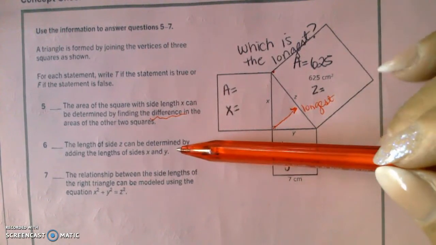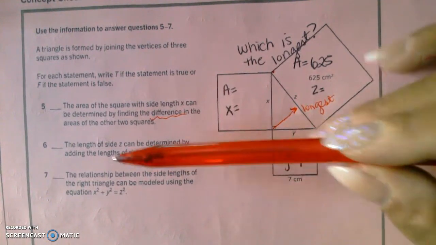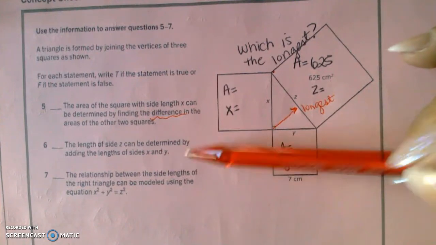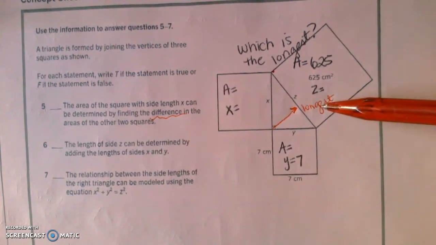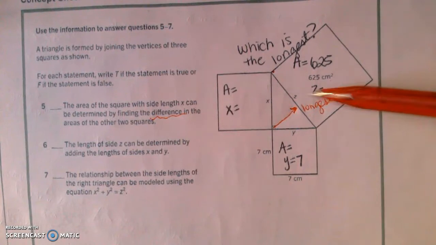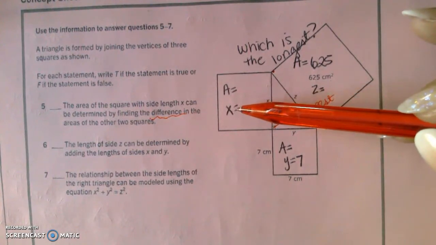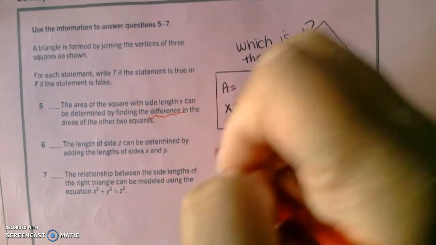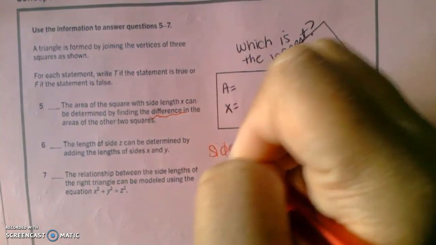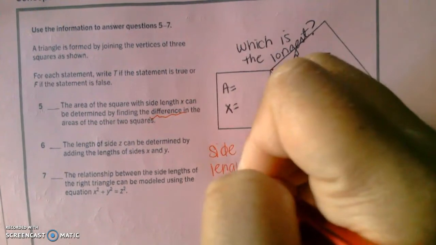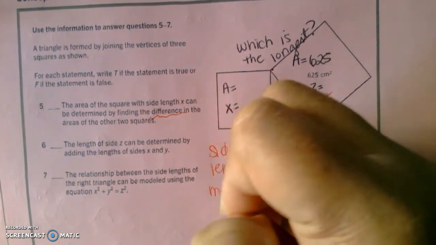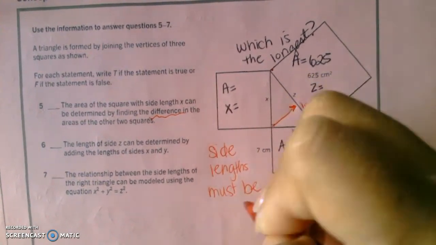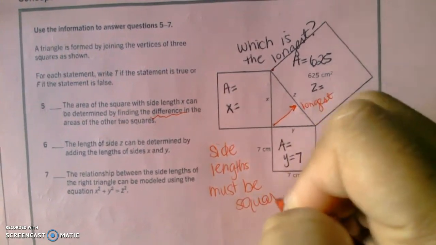Number 6, the length of side Z can be determined by adding the lengths of X and Y. Z can be found by adding the lengths of X and Y. Remember, side lengths must be squared.